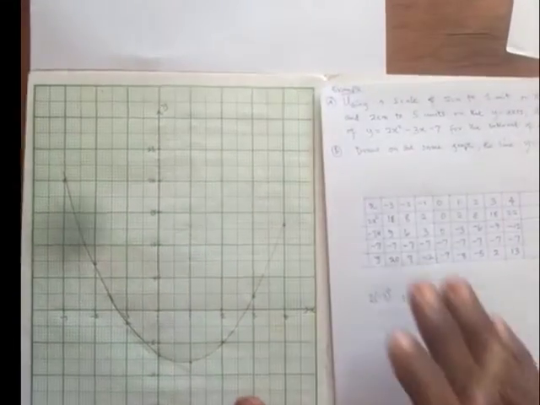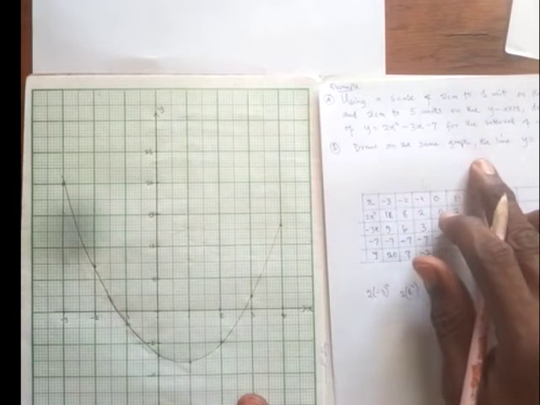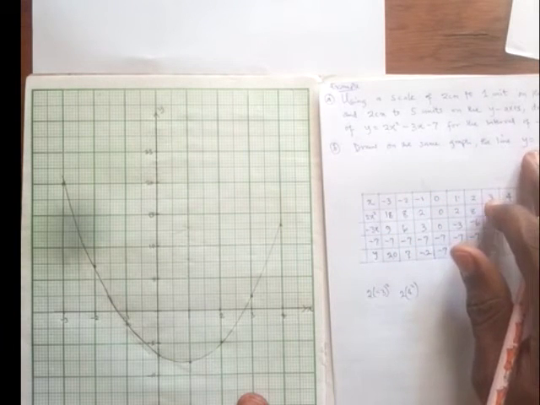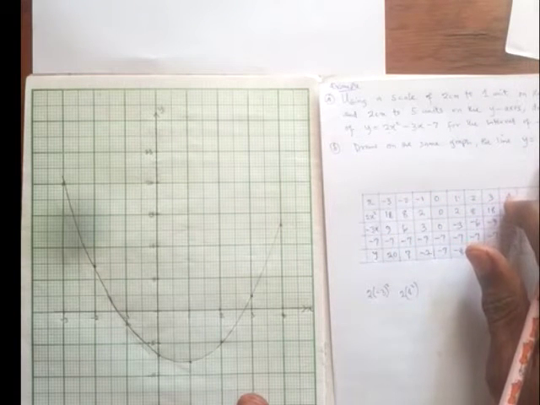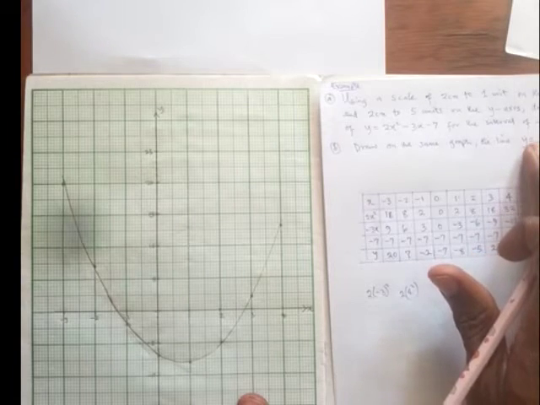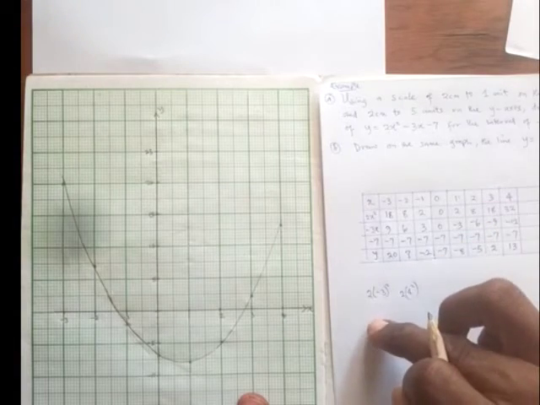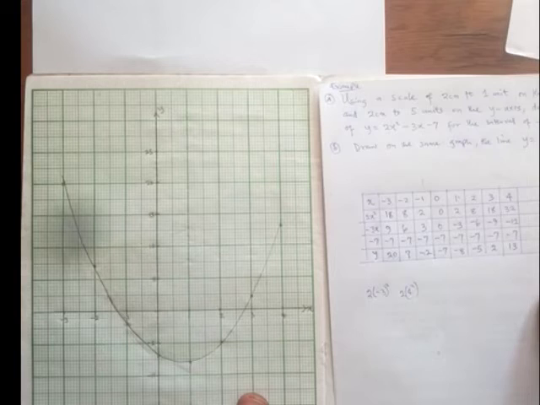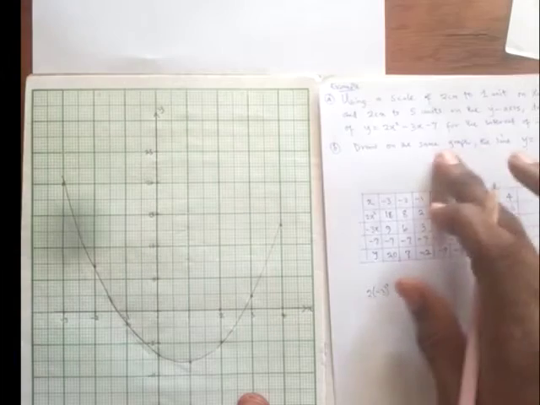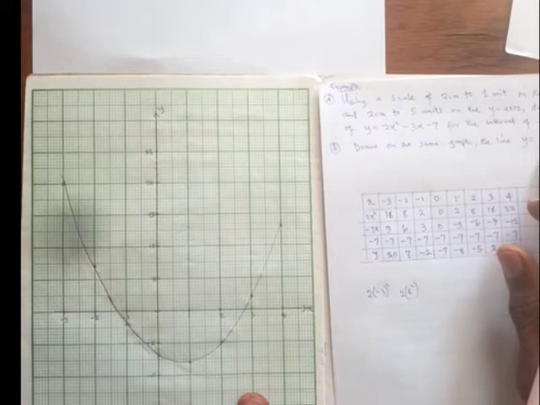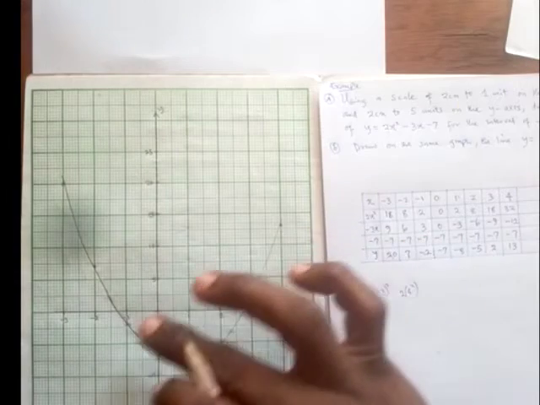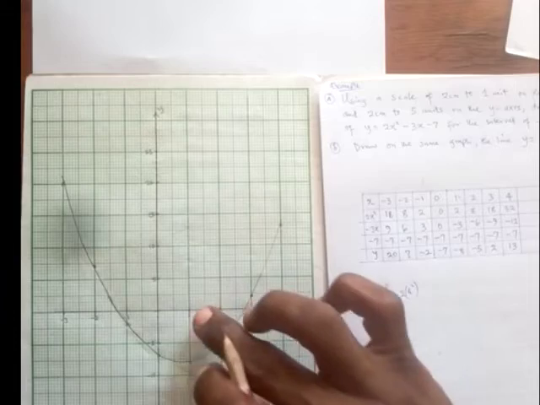The next part of the question says, draw on the same graph the line y equals 2x minus 1. For this, we are going to prepare another table of values, and then we'll draw this straight line because it's a linear function. We'll draw this straight line on this same graph.